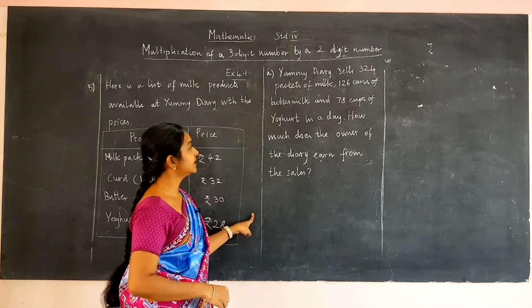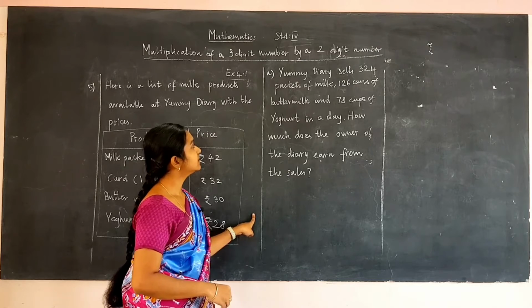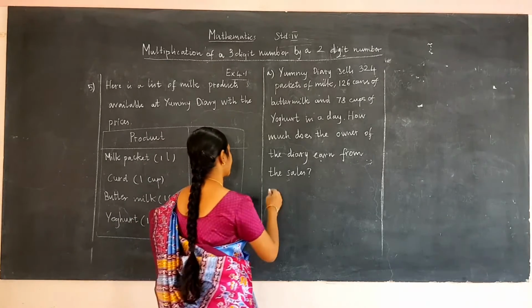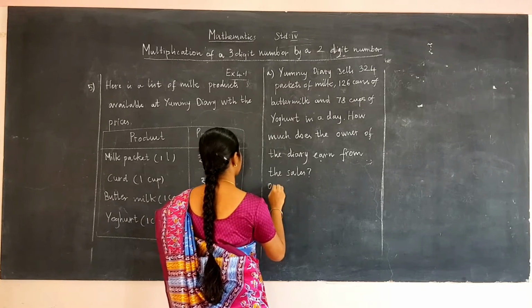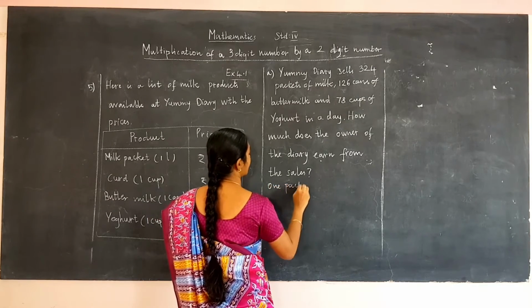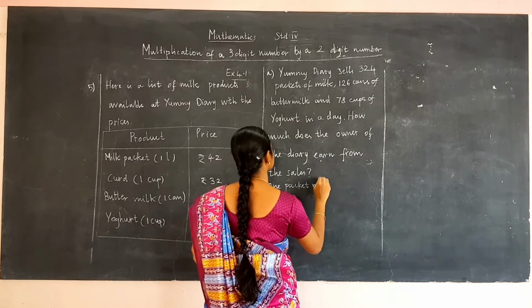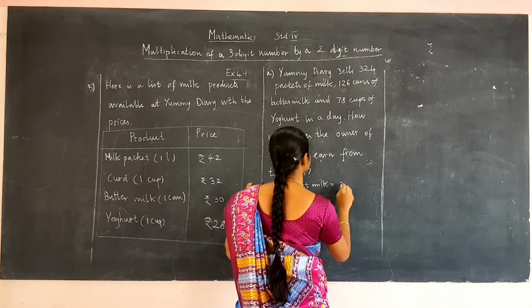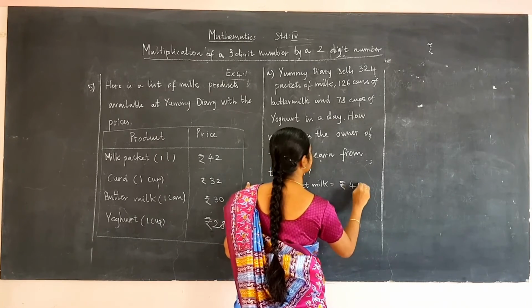First we are going to find the price of 324 packets of milk. One packet of milk is rupees 42.